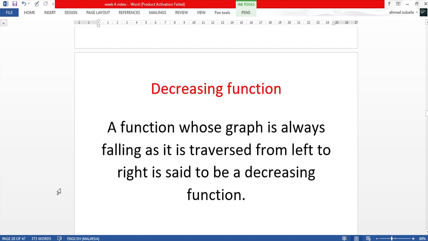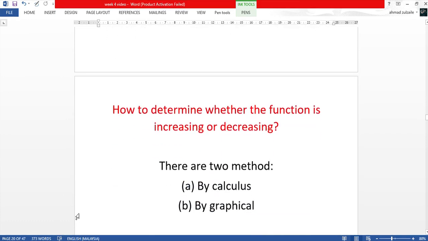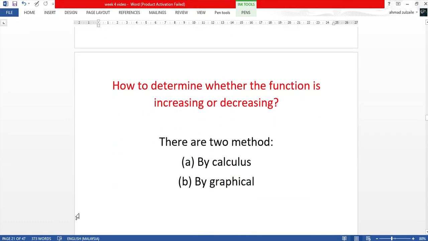Okay, alright. So how to determine whether the function is increasing or decreasing? We have two methods. Number one, by calculus, to be specific, by using the first derivative. If you have f, we need to find f prime. Okay, that is method number one. Method number two, graphical.